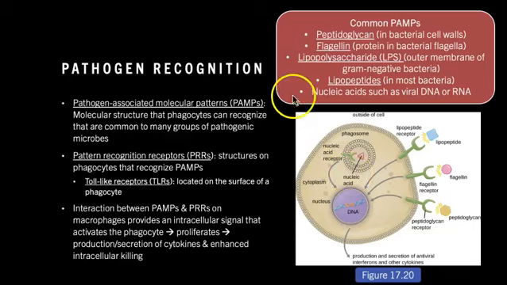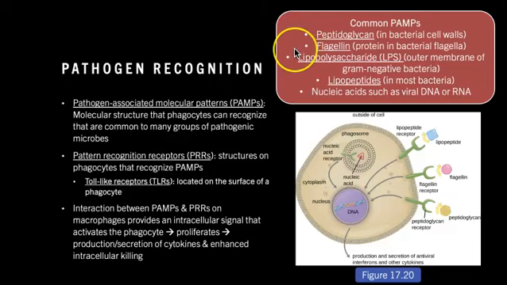We've got to define some terms here. First, we have our PAMPs, which stands for pathogen-associated molecular patterns. Essentially, this is a molecular structure that our phagocytes can recognize that is common within many groups of pathogenic microbes. Here are some common ones. Within bacteria, we have peptidoglycan within their cell wall.